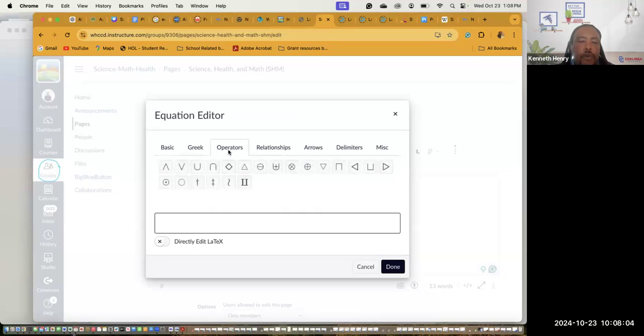It has other operators. It has relationships. And it has our arrows. And so we're going to be using the arrow. Now, the arrow always lets us know that we're making something, or we're generating something, or what we use often is called the yield. We're yielding something. So we're going to go ahead and put our arrow in.